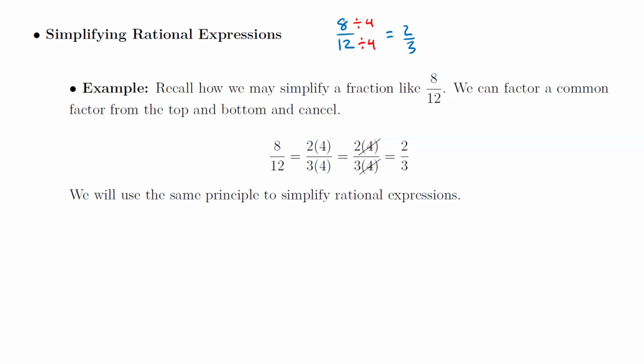I have a 4 on top and a 4 on bottom that I'm multiplying by the other factor. And so I can cross those 4s out, leaving me with only 2 over 3. And that is the principle that we're going to use to simplify rational expressions. Factor, right? And the important part here is from there to there, we factored the top and the bottom.